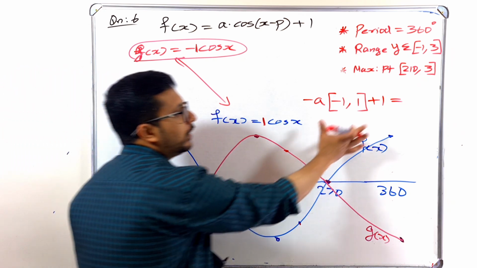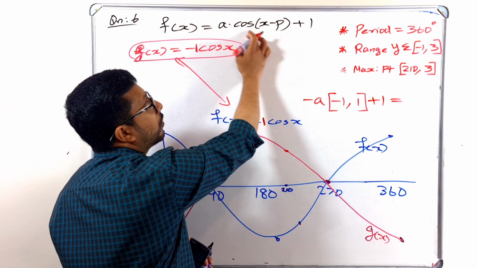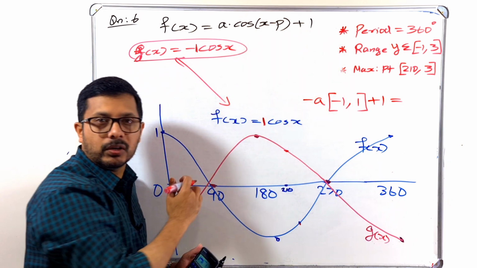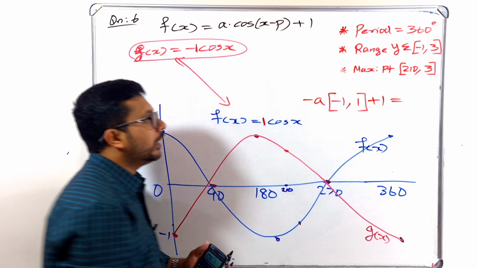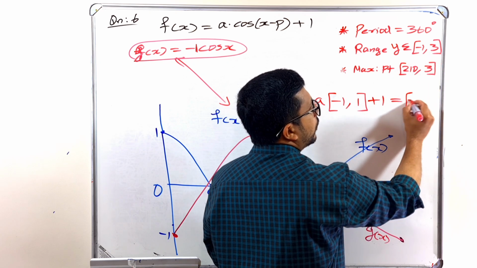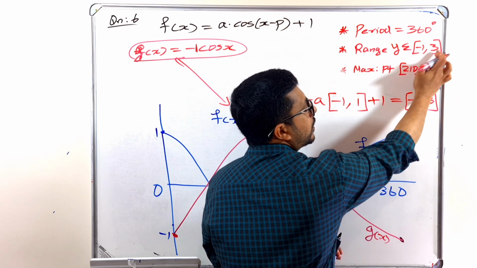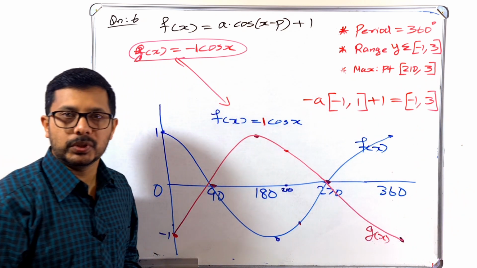So this is the graph in our question, a cos x minus p plus 1. It is given in the question that the range is y is an element of -1 to 3.